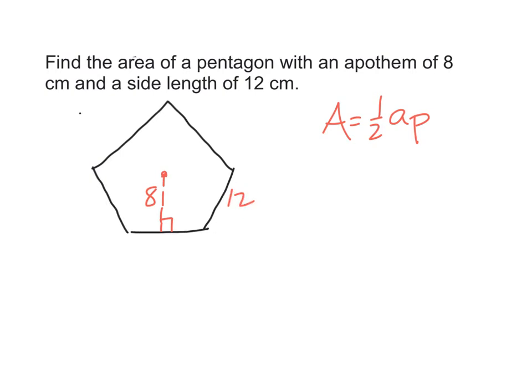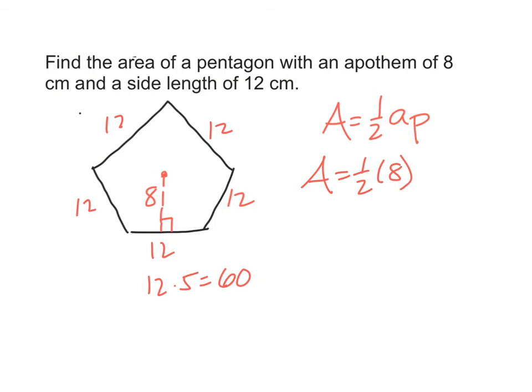Since it's regular, that means all of these are 12. So there's 5 of them, so 12 times 5, that's 60. So my area is going to equal 1/2 times 8, because that's the apothem, times the perimeter, which is 60.